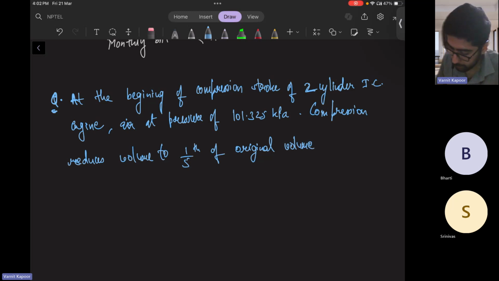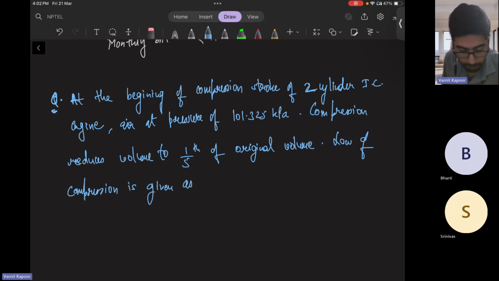The law of compression is given as PV raised to the power of 1.2 is equal to constant.